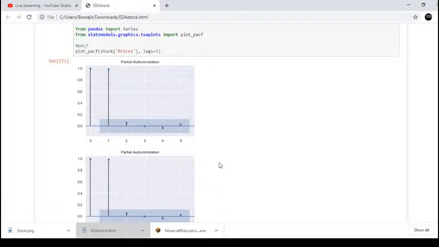That means with a smaller number of parameters we are able to predict reasonably well. That's what the Akaike information criterion is useful for. You can use that to optimize your model selection.